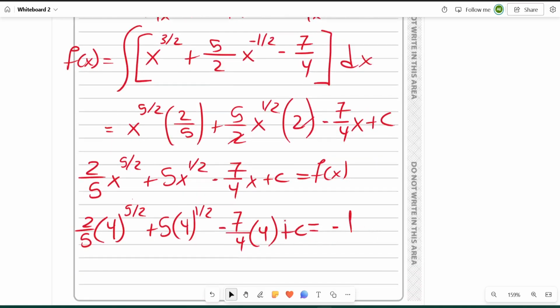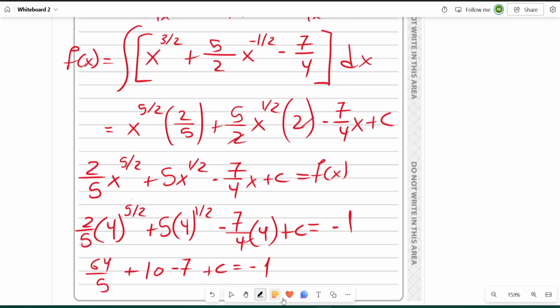So over here on the calculator, I'm going to do 2 over 5 times 4 power 5 over 2. That's going to give me 64 over 5, plus 5 times 4 power half, which is the same as root 4. Root 4 is 2, so 5 times 2 is 10. Minus 7 over 4 times 4. The 4's cancel, so it's minus 7 plus c equals minus 1.